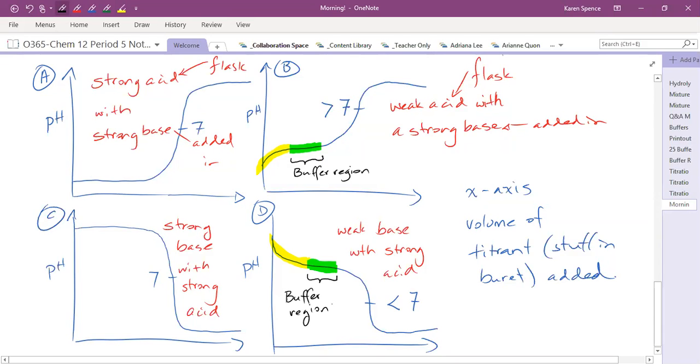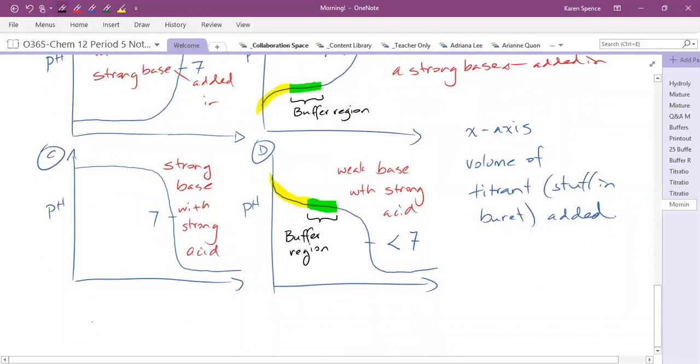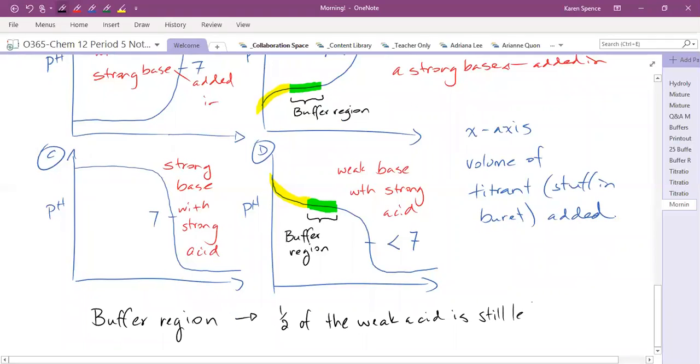And it is called the buffer region because you still have half of, say, the weak acid left. So half of the weak acid is still left unreacted.